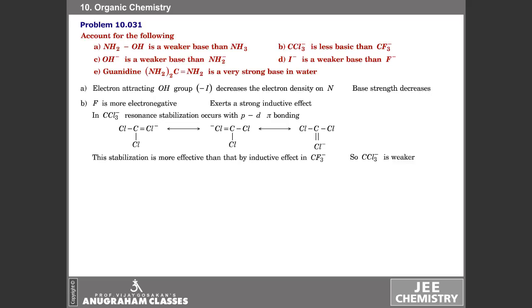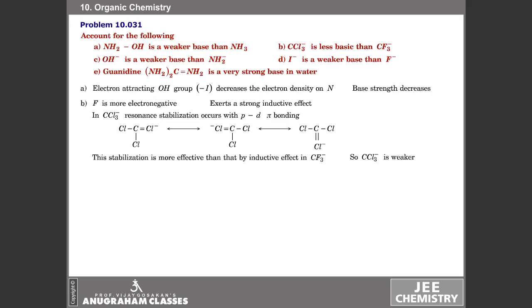This is because we have resonance operating in CCl3 minus. Resonance stabilization is due to 3 possible resonance structures we are able to write. Each involves a pi bond between the p orbital of carbon and a d orbital of chlorine. Since fluorine cannot use the d orbital, there is no such possibility in CF3 minus.